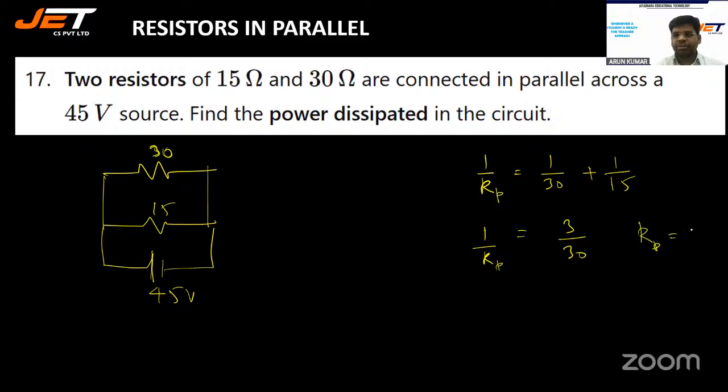Rp is 10 ohms. Power dissipated is V square by R effective, which is 45 square by 10.